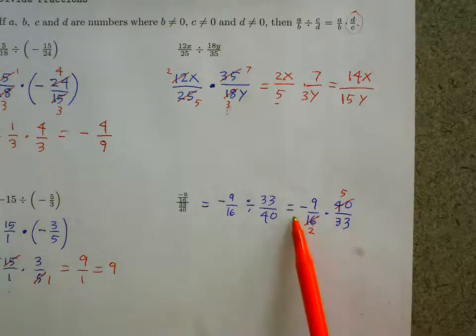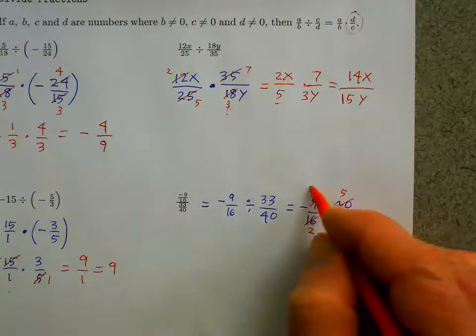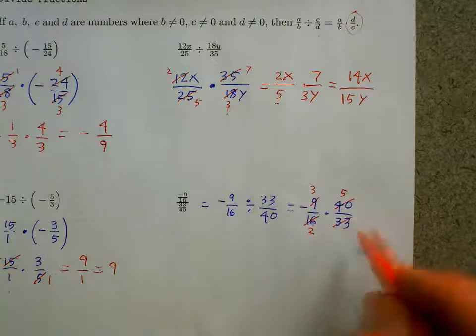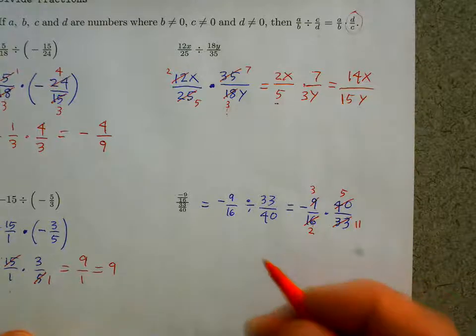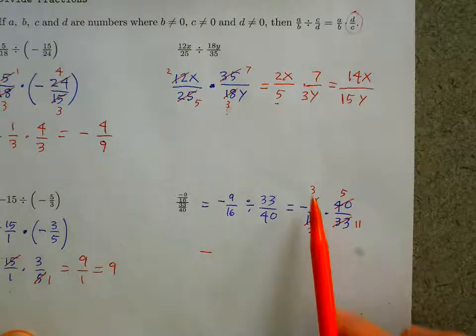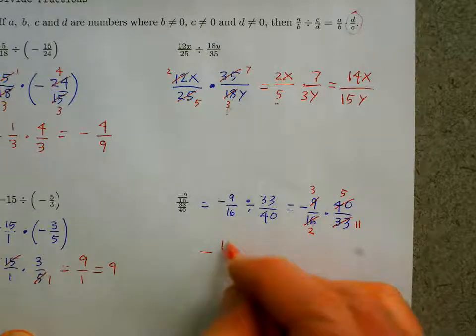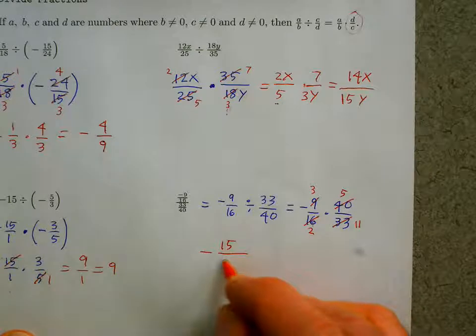We know the product has to be negative. So 3 goes into 9 3 times, and 3 goes into 33 11 times. And the result is negative, and in the numerator, 3 times 5 is 15. And in the denominator, 2 times 11 is 22.